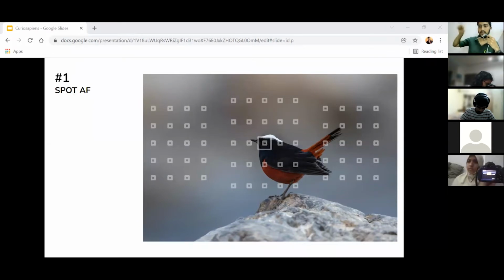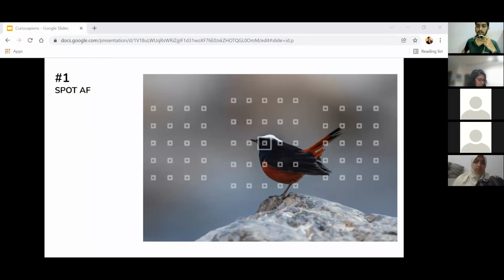Yes, you have 9 focusing points on your camera.